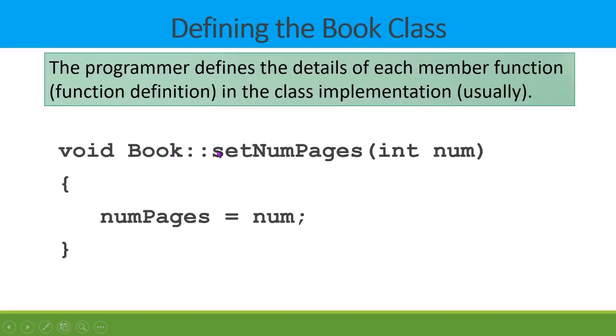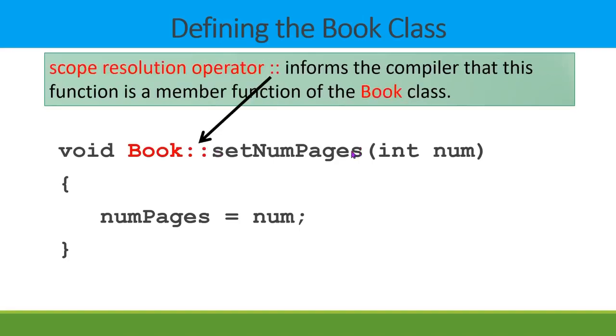So this is the set num pages function, and I want to point out a few things. First, notice that we have to say what class this function belongs to. We do that by putting the name of the class and then a scope resolution operator. The scope resolution operator is 2 colons, and you've seen this before.